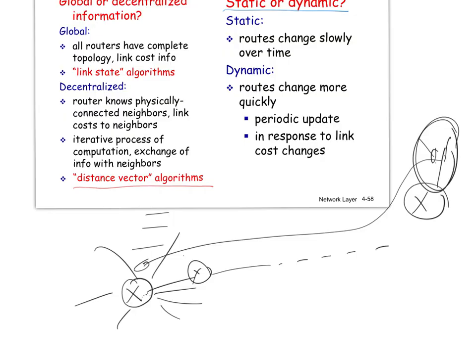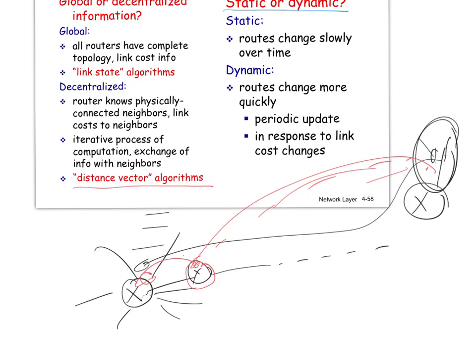For the distance vector, it's different. I don't have the states of all these links, but I have abstract distances between this router and any far router. I don't have any visibility for this, which means that the distance reported from this router to me, should I trust it?